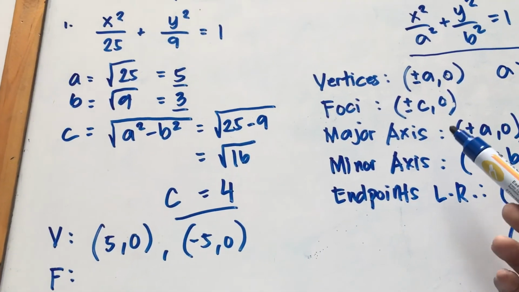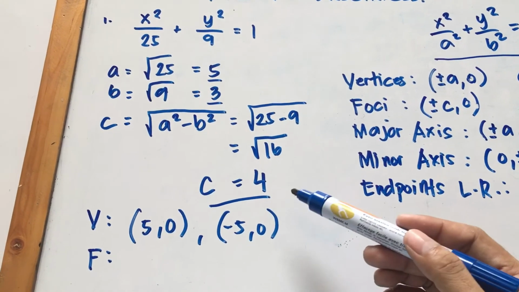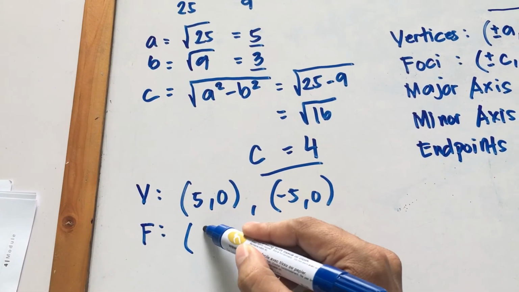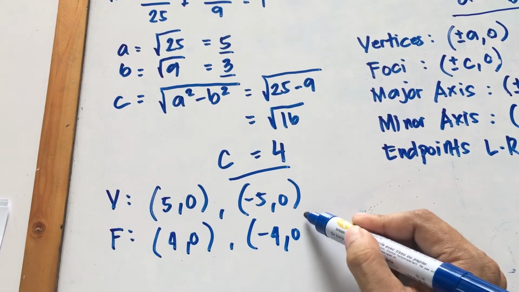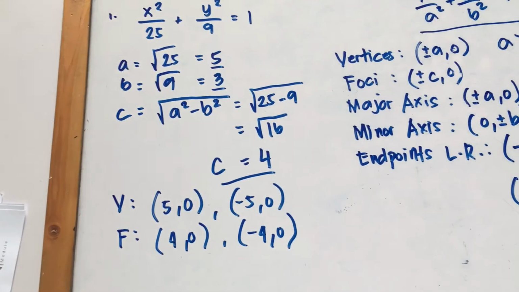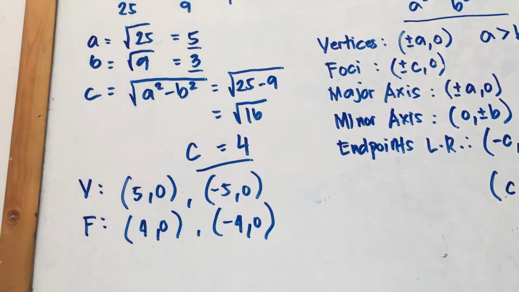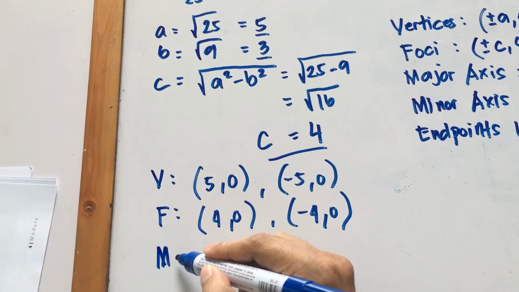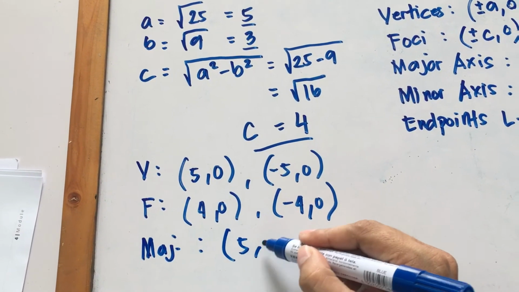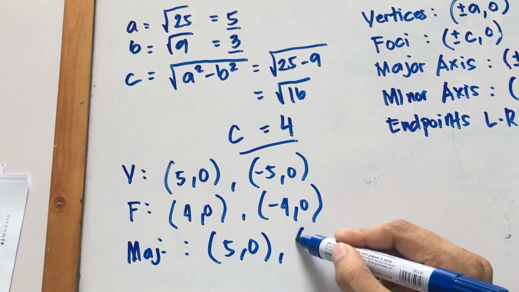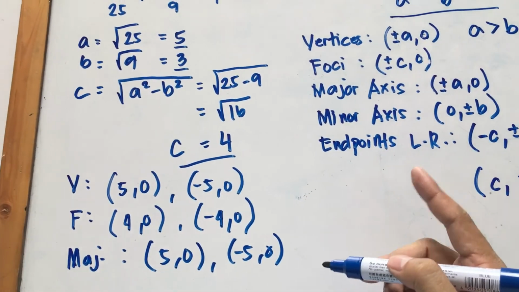Okay. Let's turn our attention to the foci. For the foci, the formula is positive and negative C, 0. The value of your C is 4. So you have (4, 0) and the other one is (-4, 0). Right? Okay, next, let's go to the major axis. The major axis is actually like your vertices, because that is plus or minus A, 0.